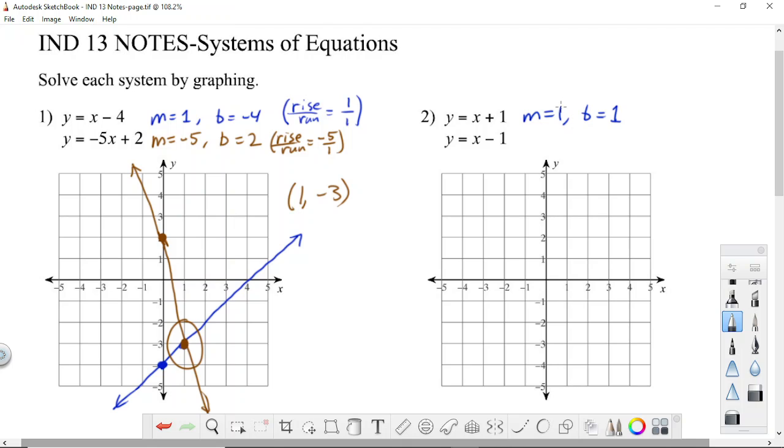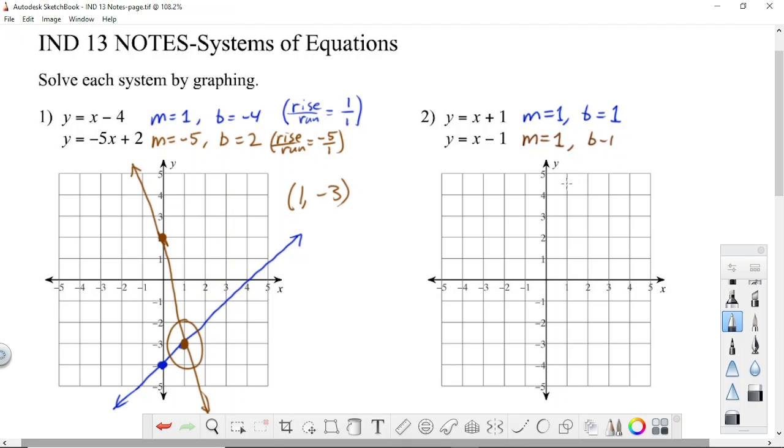Okay, so we know the rise over run is 1. I won't write that down this time. The other one, the slope is also 1. And the intercept this time is -1.